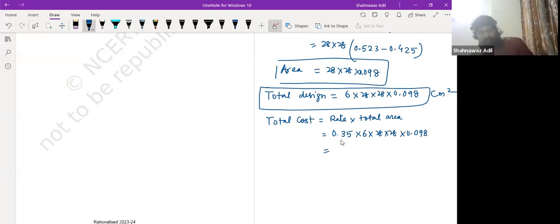Okay, how much is this value? Multiplication would be tough, but we can calculate 0.35 into 6 into 28 into 28 into 0.098. So that is 161.347 rupees. So that is the total.